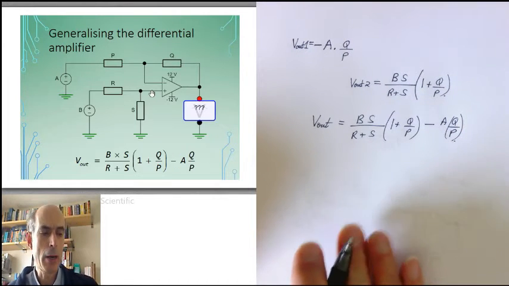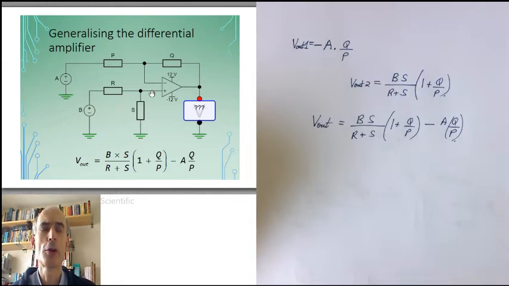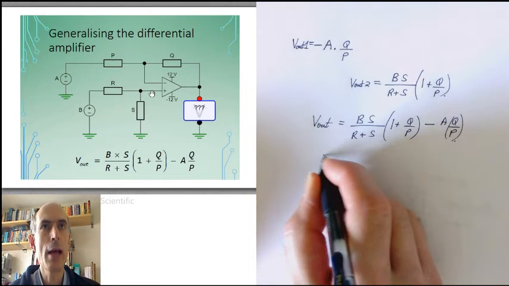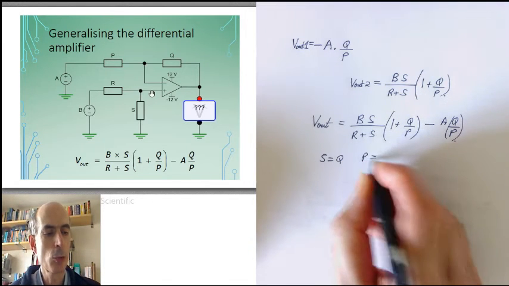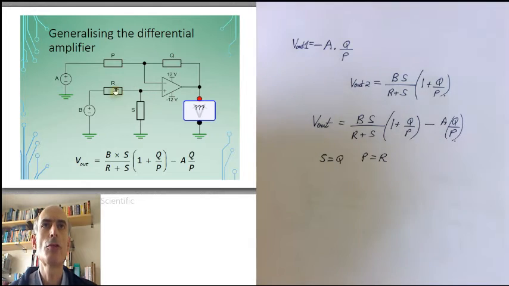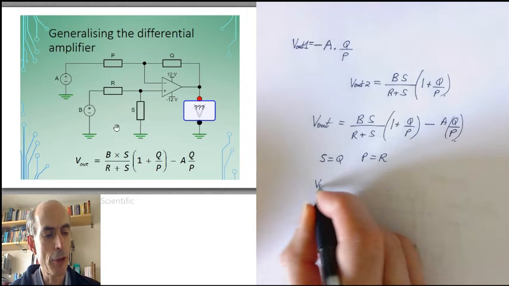which is a bit of a mouthful and not particularly easy to work with as a general form. However, if you set S equal to Q and you set P equal to R, so these two resistors were the same value and these two resistors were the same value, then this formula simplifies a lot. It simplifies to this.